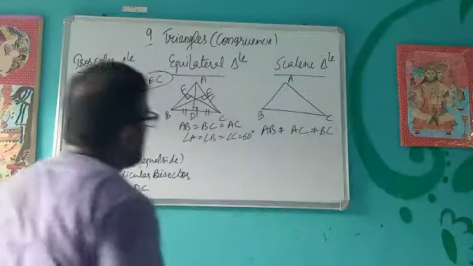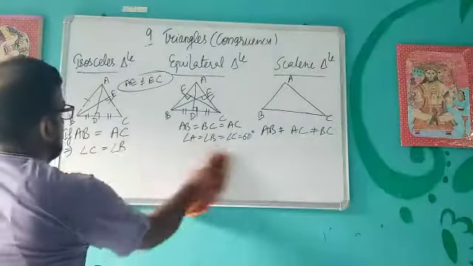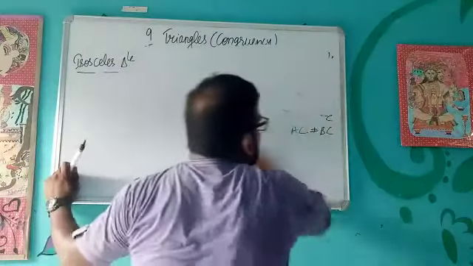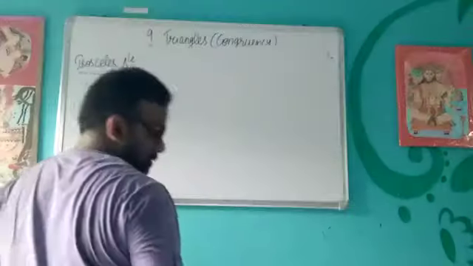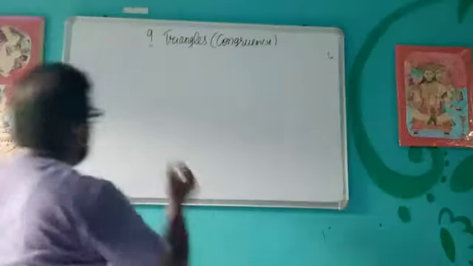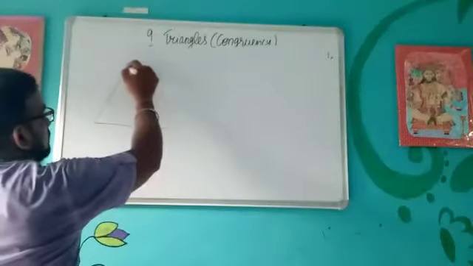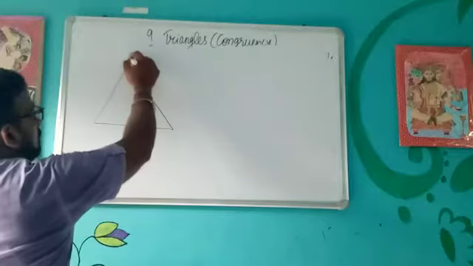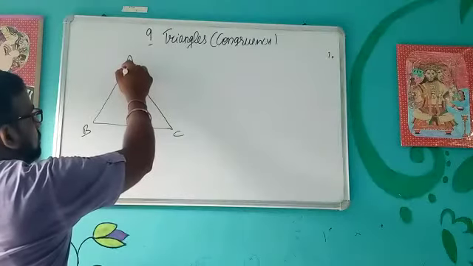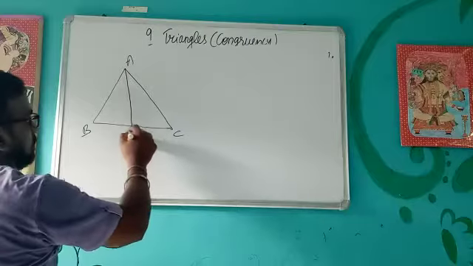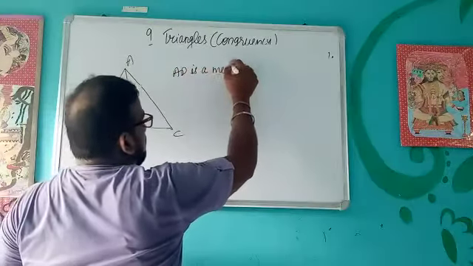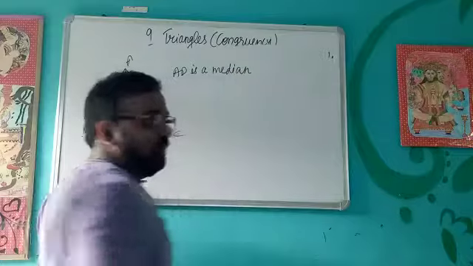Then a few more important terms that we will use. Suppose this is a triangle ABC, and suppose AD is a median. So what is the meaning of median?